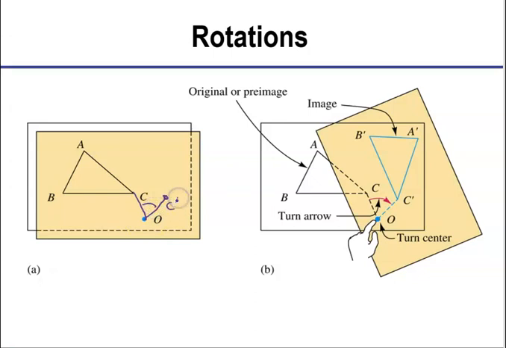That would be your C primed. And then you would reconstruct your figure. So all the points would move over that same rotation. Again, point O is called the center because you're rotating it about that point a certain number of degrees.